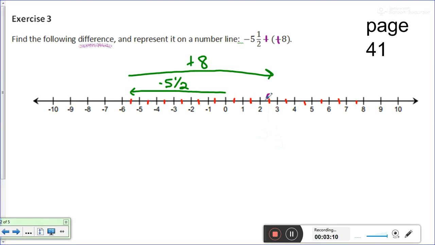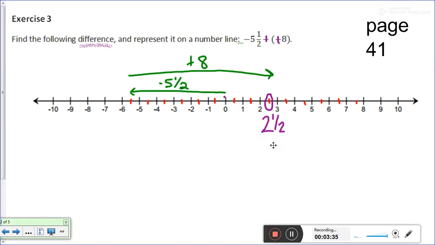We are at 2.5. And because it's in the middle, I'm going to write it out as well. So when we have -5.5 and we add 8 to it, we get to a +2.5.